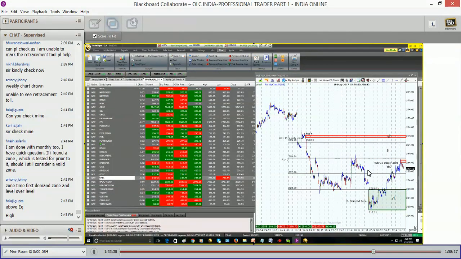Where is the bigger time frame demand zone? Because I'm not able to see that as well. Wait, let me go to the weekly. Go to the weekly, and when you segregated it, no, Balaji, just write down the different zones. Just write very low, low, equilibrium, high. Just write it down.